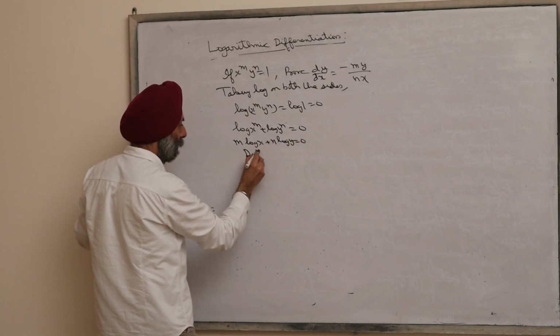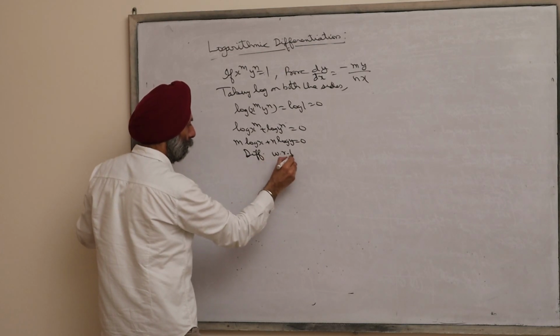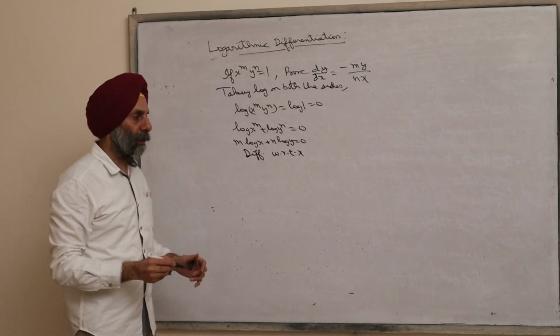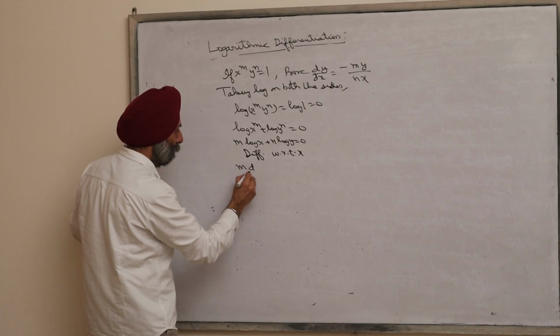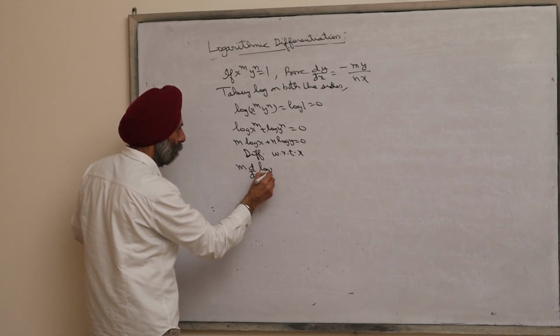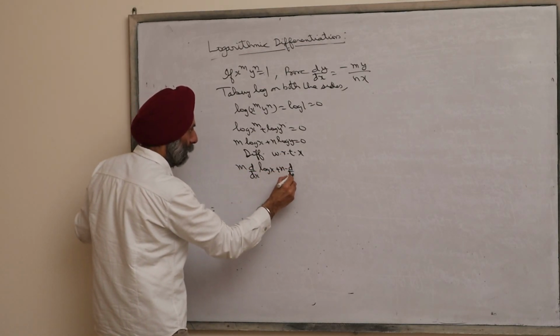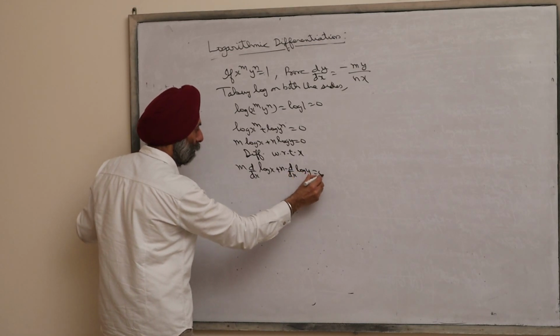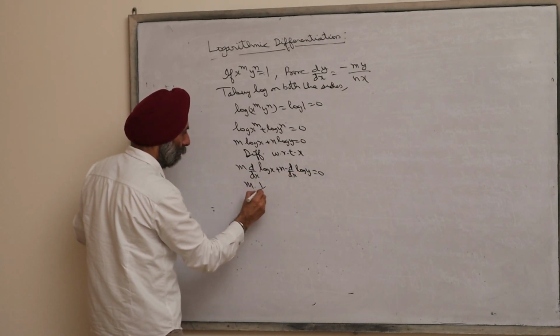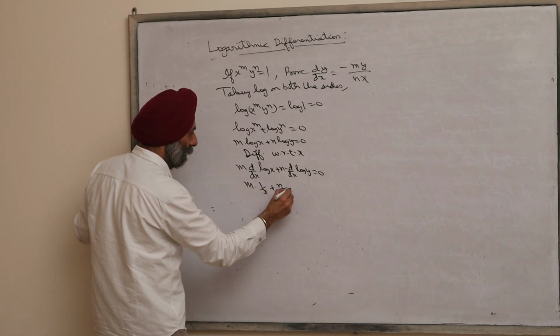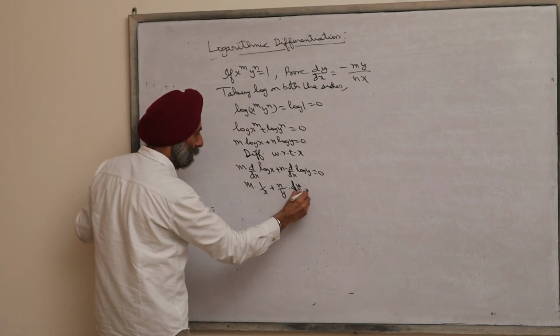So differentiating with respect to x on both the sides, we have m into d over dx of log x plus n into d over dx of log y is equal to 0. That is m into 1 over x plus n over y into dy over dx is equal to 0.